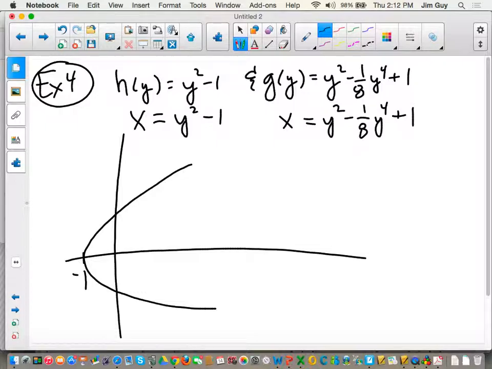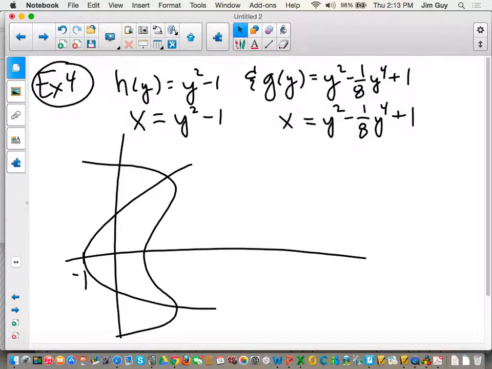And then this is a 4th degree, and when you start plugging in points, it's going to look like that. And you're finding the area bounded by those two curves, which is this stuff right here.